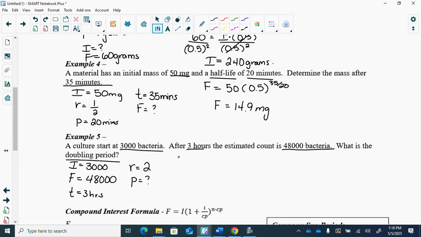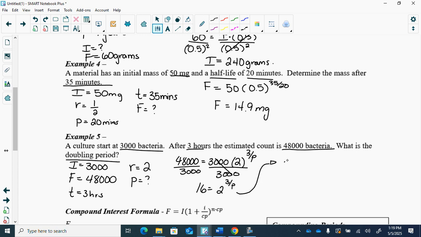So we get 48,000 equals 3,000 times 2 to the T over P. Divided by 3,000, we get 16 equals 2 to the 3 over P. A lot of people will convert this to a log, but you could actually make them both the same base. 16 is 2 to the 4, so I'm going to do this instead of logging it.